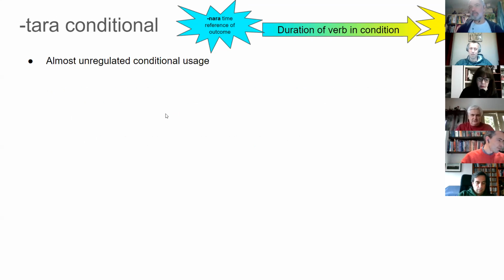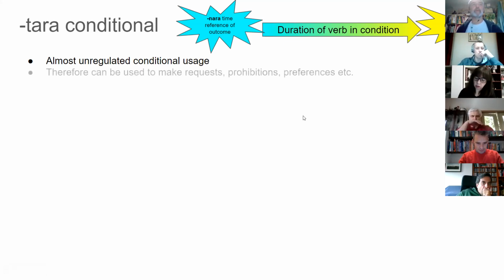So tara, in comparison to the ba conditional, is almost unregulated. It's this at the top here which is the strongest influence on how you use tara. Tara refers to if something has been completed, then X. This is the only real thing that stops us from using tara.